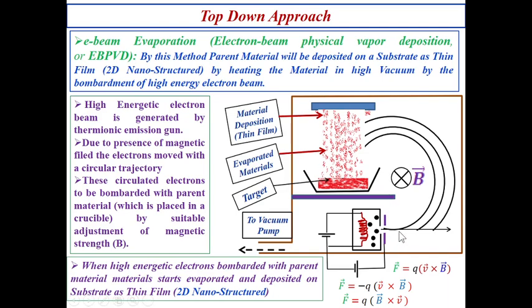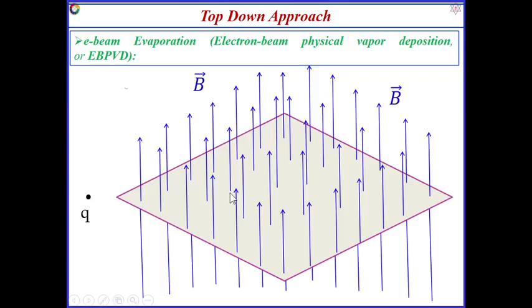This is the trajectory that should be followed by the ejected electrons. Then these electrons strike the material and the material is evaporated. So this should be the trajectory.